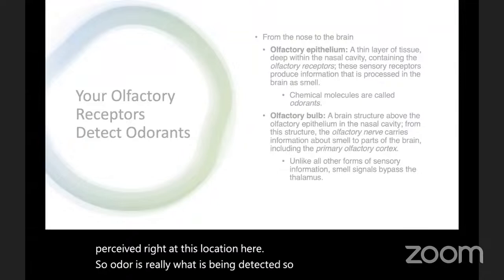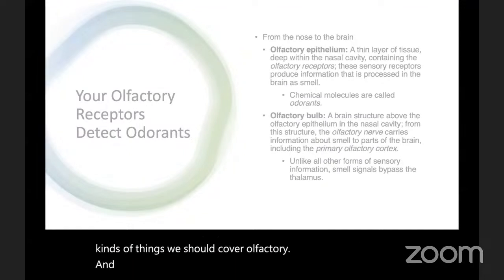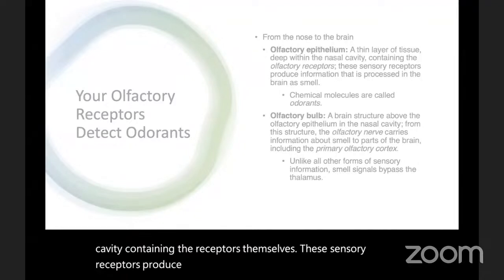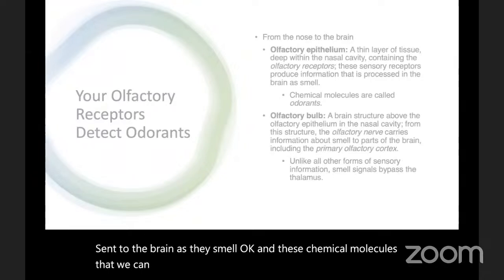We have two things we should cover: the olfactory epithelium and the olfactory bulb. The epithelium is a thin layer of tissue within the nasal cavity containing the receptors themselves. These sensory receptors produce information that is then sent to the brain as a smell. And these chemical molecules that we can smell are called odorants.